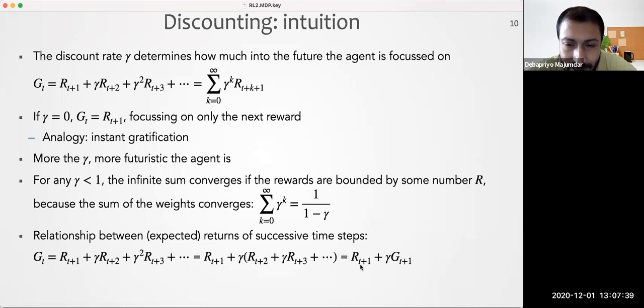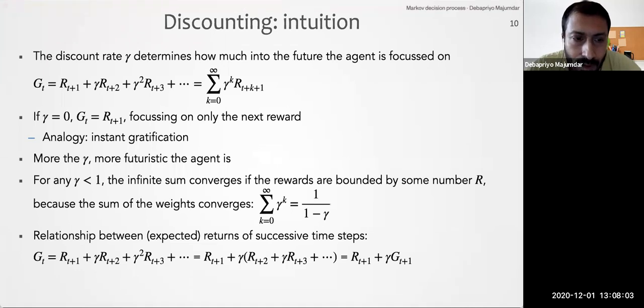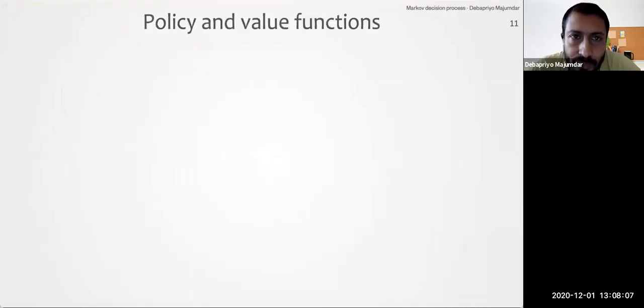So what we get is r_{t+1} plus gamma G_{t+1}. A very important formula: G_t, the expected return at time step t, is the immediate reward that you are going to get plus the discounted reward of the next step. So that's the relationship between expected returns of successive time steps.